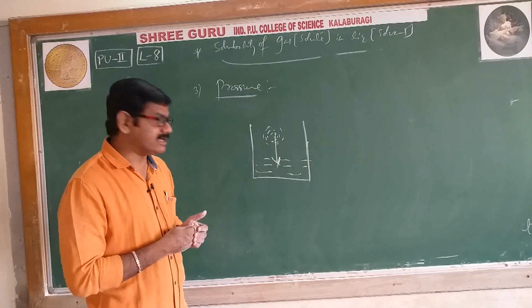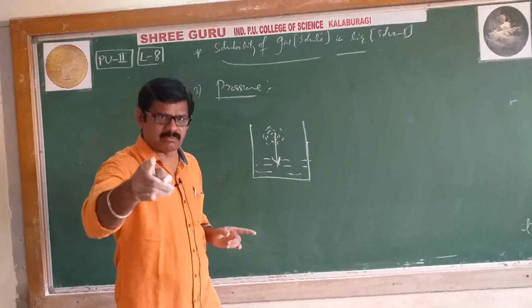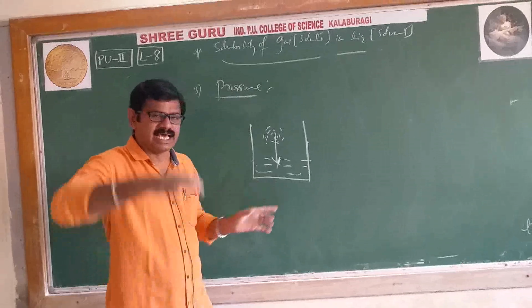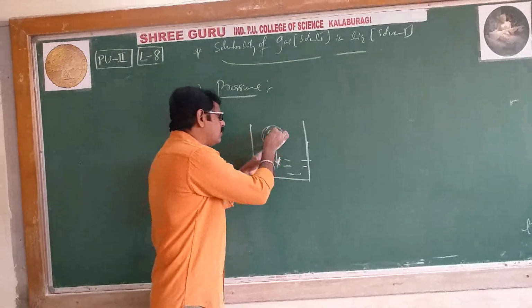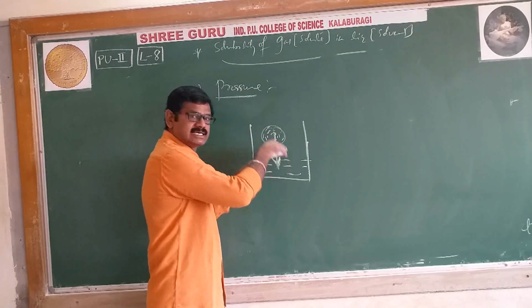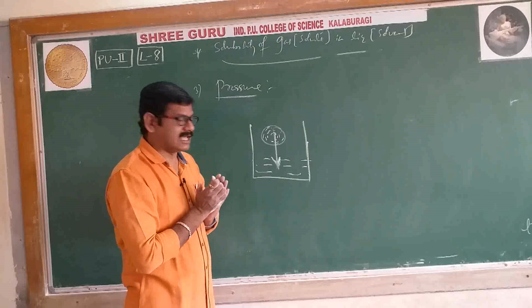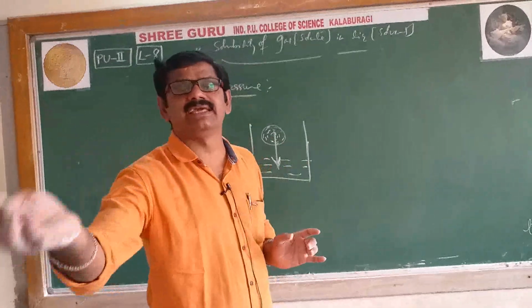Very simple. Definitely pressure influences. Pressure dominates the solubility of a gas in liquid. Why? Because if pressure increases, then definitely more amount of gas is soluble in a given solvent. I'll repeat, if pressure increases, solubility also increases.